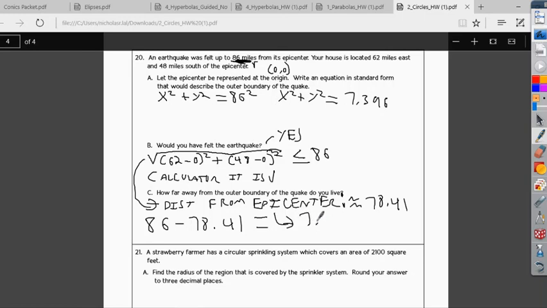So 7.59 miles from the outer boundary. Outer boundary. Okay?